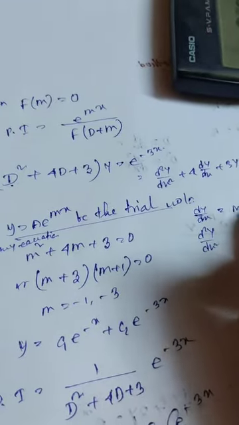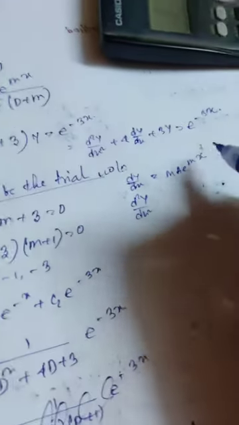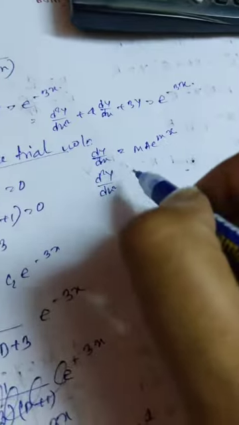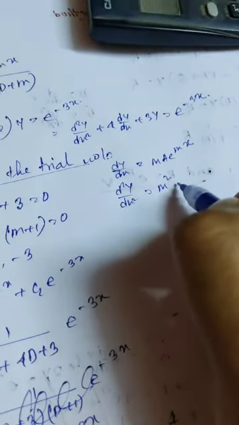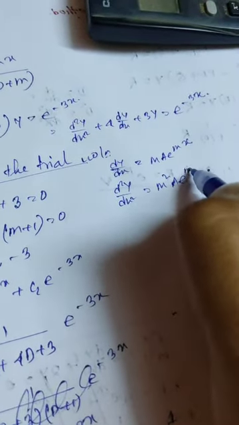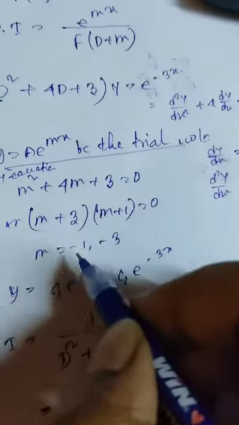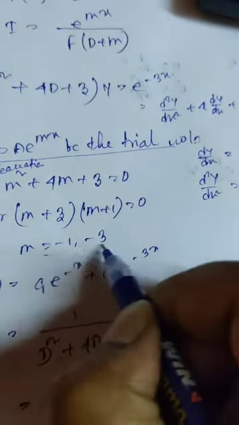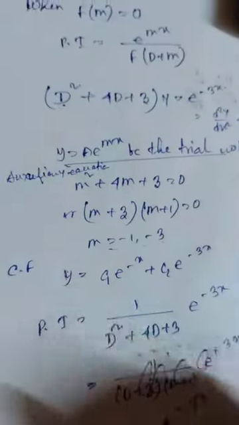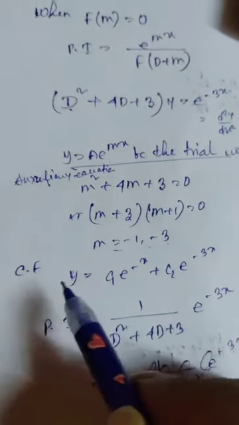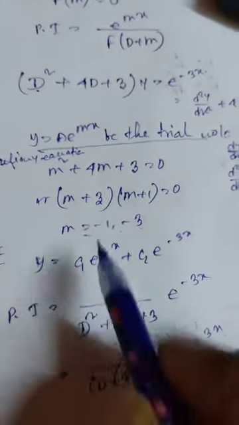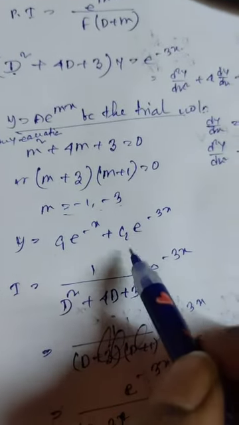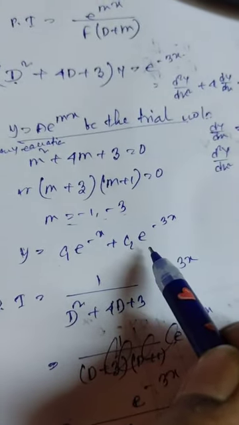This result is very well known to us now: dy/dx is m A e to the power mx, and d2y/dx2 is m square A e to the power mx. So if we simplify, we will get (m plus 3) into (m plus 1), or m is equal to minus 1, minus 3. And now we will find the complementary function, that is y is equal to C1 e to the power minus x plus C2 e to the power minus 3x.